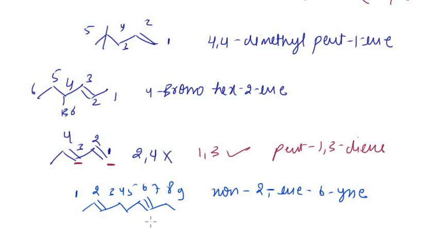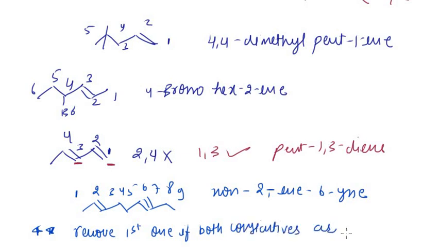So actually there is a rule you have to remember always. This is most important. Remove the first one if both consecutives are A, E, I, O, U, Y. So here E and Y are coming together, so we have to remove this first E. So it is non-2-en-6-yne.